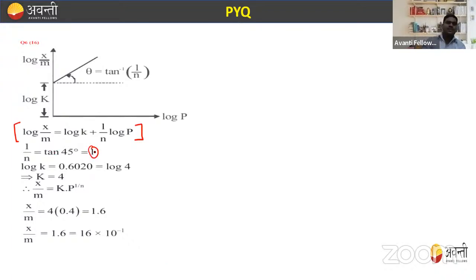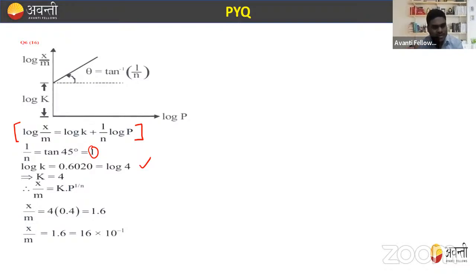So the n value comes out to be 1. Now log k is also given. Log k is 0.6020, which is the value of log 4. So log k is equal to log 4, so k is equal to 4.